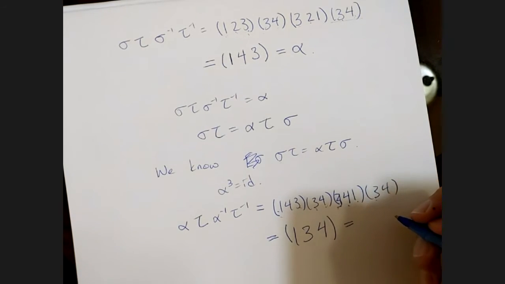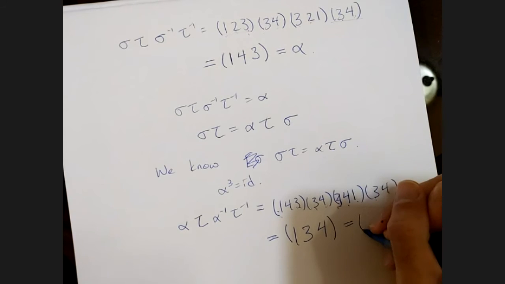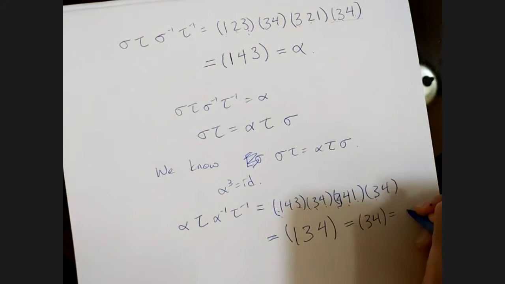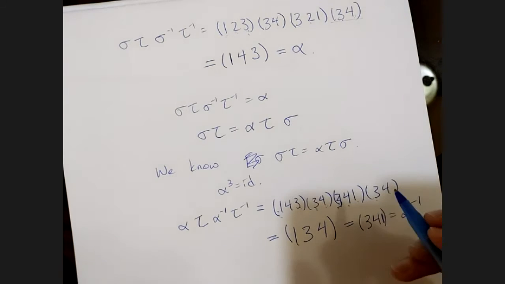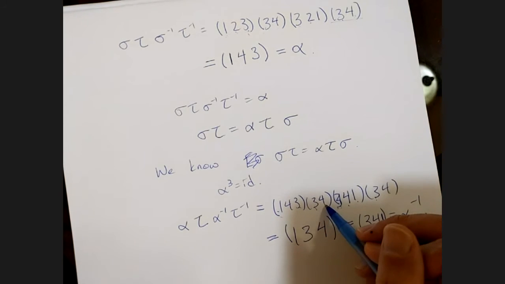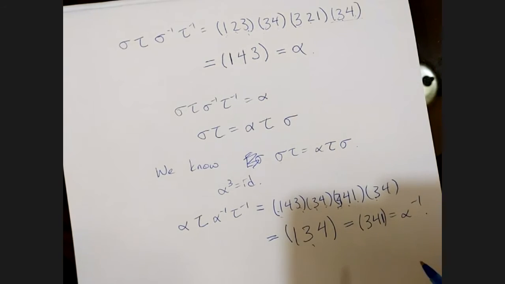In other words, this is alpha inverse. Oops, (3 4 1). I hope I computed everything correctly: 1 to 3 to 4 to 3, 3 to 4 to 1 to 4, and 4 back to 1.